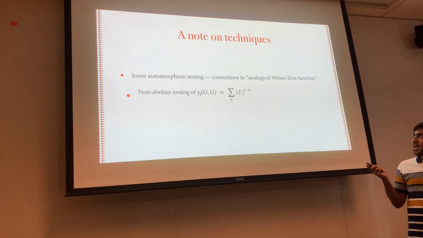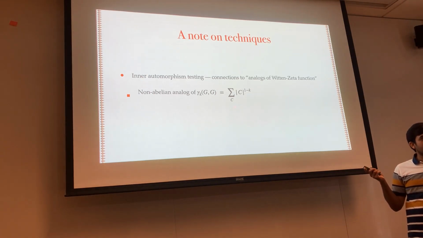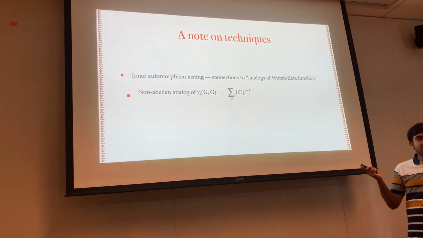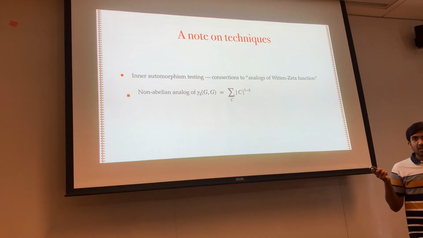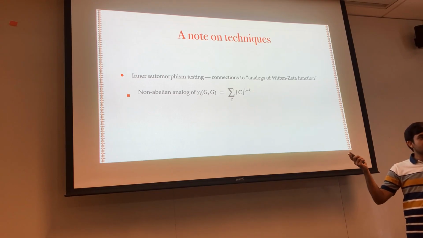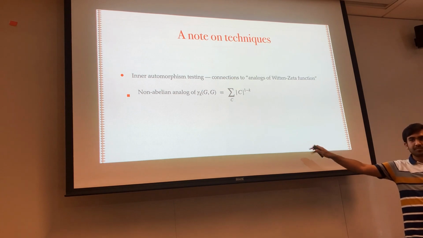Now you want to ask how this function decays. This is some sort of a Riemann zeta function associated with the group. There's a paper of Liebeck and Shalev where they call this an analog of a zeta function, and they prove bounds on it. So the question of testability reduces to how fast functions like this decay on the group. They truly depend on the group structure.